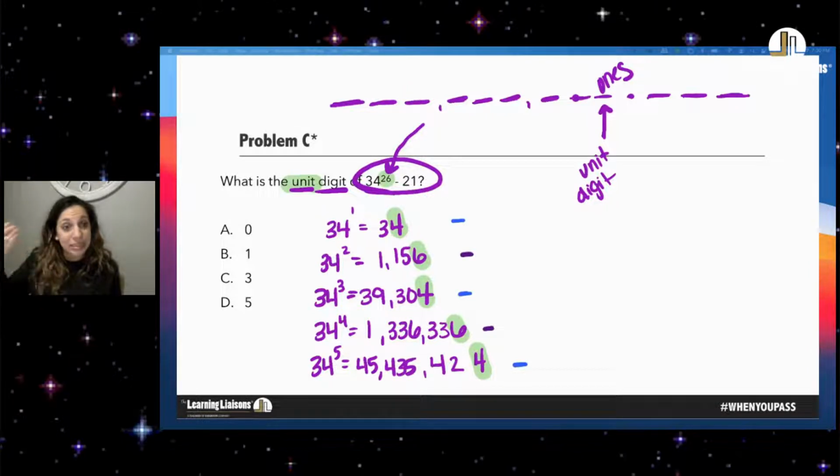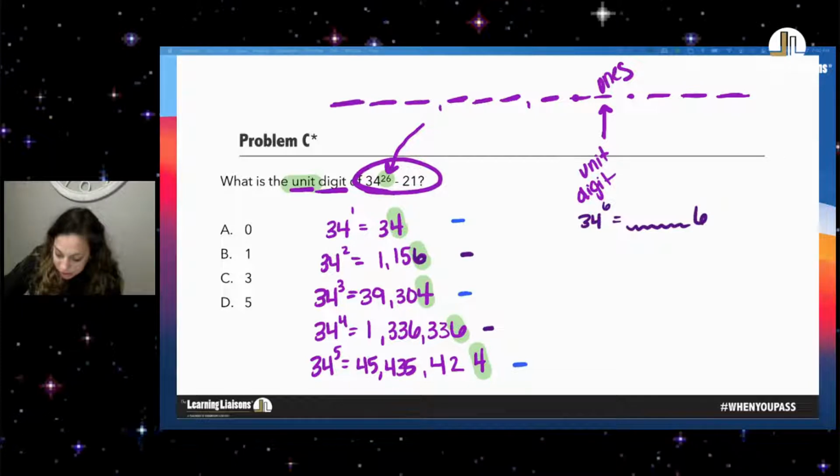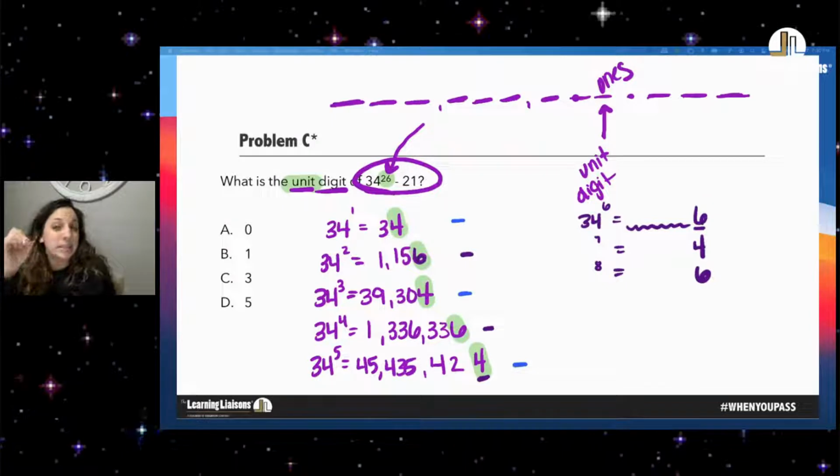It's to the 26th power, which means I'm going to have a 6 in my unit digit. Because 34 to the 6th power, it doesn't matter what it's going to be, it's going to have a digit of 6 because this was 4, this is 6. And then to the 7th power is going to be 4. And then to the 8th power is going to be 6. And it's just going to keep continuing. So to the 26th power, my unit digit is going to be 6.